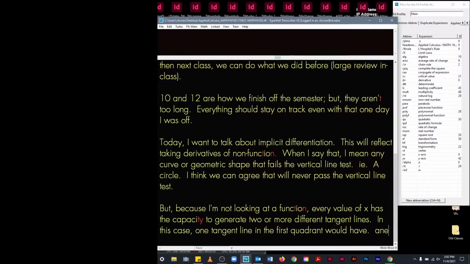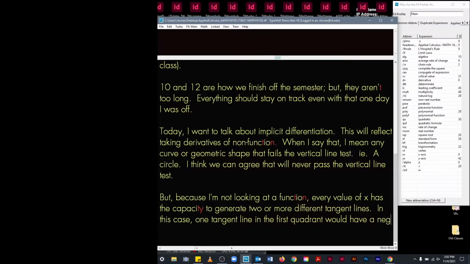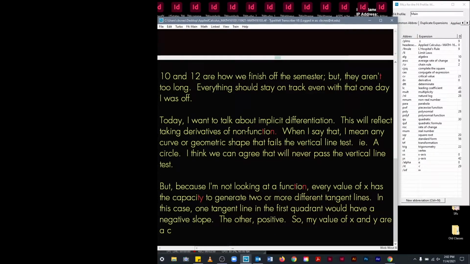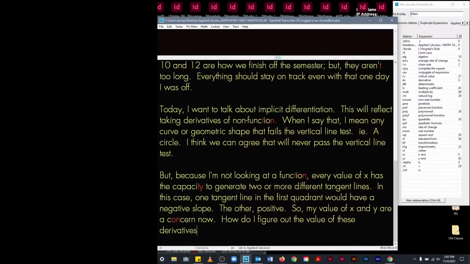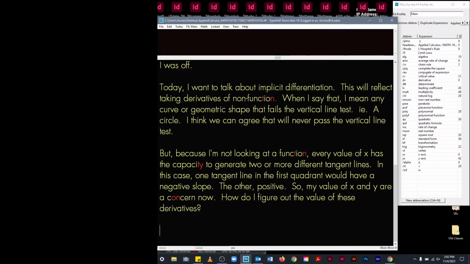And so the slope of my tangent lines is not going to be determined entirely by a value of x, but it also has to concern a value of y as well. How do I figure out the different values of these derivatives? Again, since I'm not dealing with a function, I end up with multiple different spots where the curve exists for the same value of x. So how we actually go through the process is not that much different from chain rules.